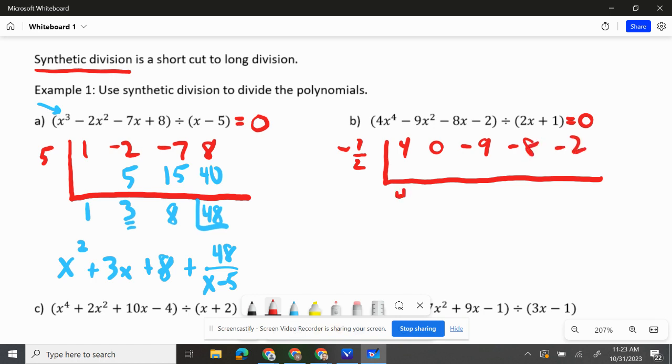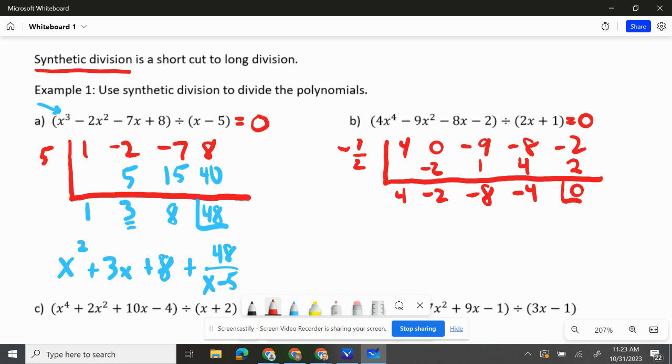We bring down the 4. -1/2 times 4 is -2. We add, and that gives us -2. -1/2 times -2 is +1, which gives us -8. Then -1/2 times -8 is a +4, and that gives us a -4 when we add them. -1/2 times -4 is 2. That means there's no remainder.